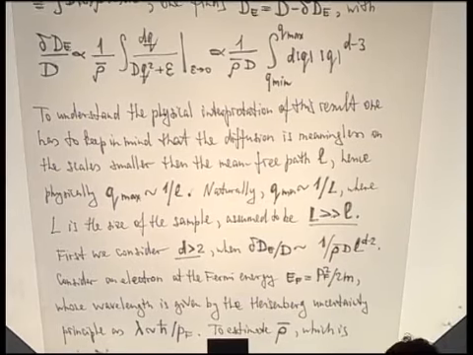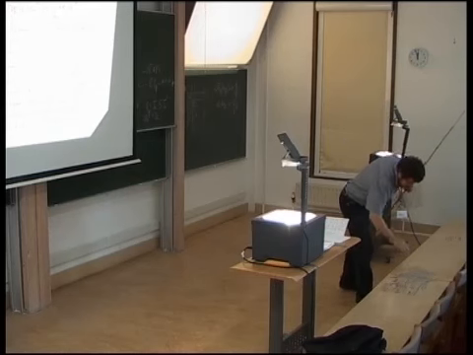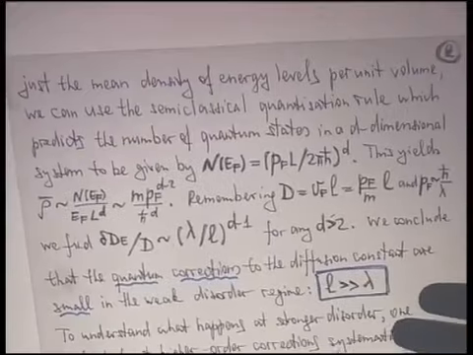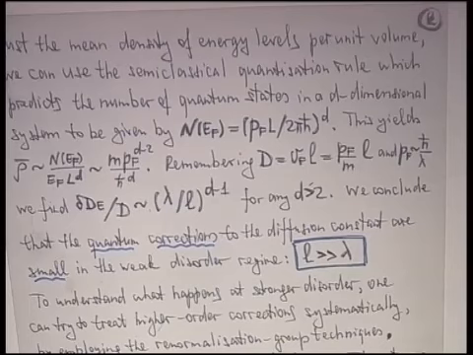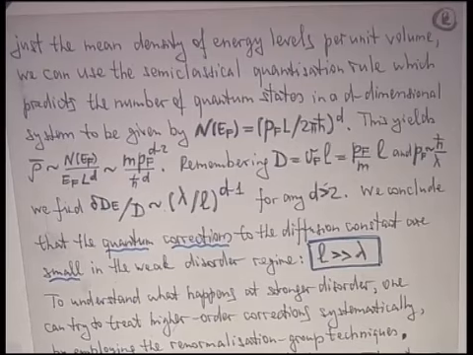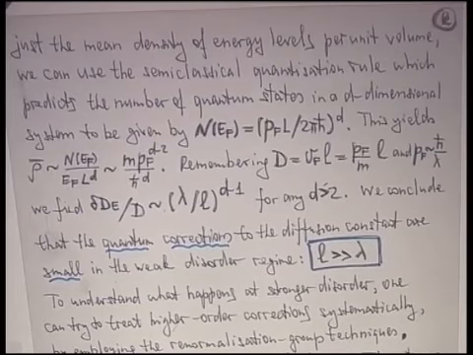To estimate the mean density of energy levels per unit volume, we remember this notion of electrons being at Fermi level that Andreas used many times. How to estimate the typical density of energy levels per unit volume? You should just count how many of these levels exist in your volume and divide by your volume and characteristic energy.